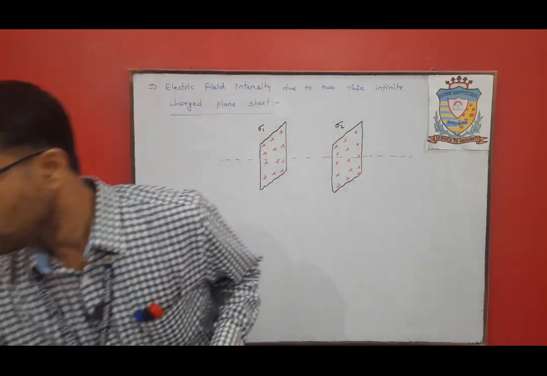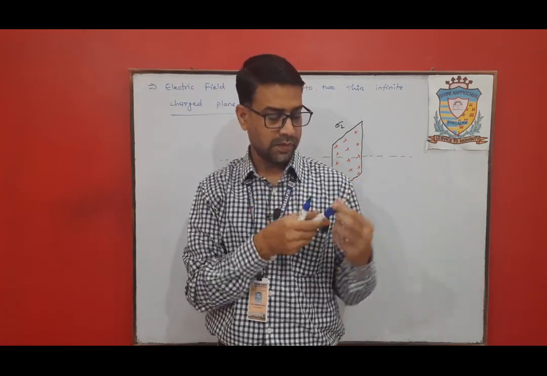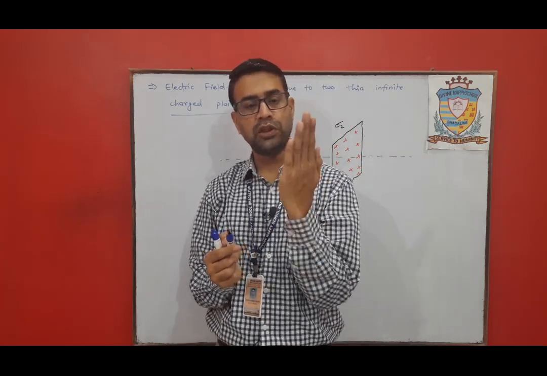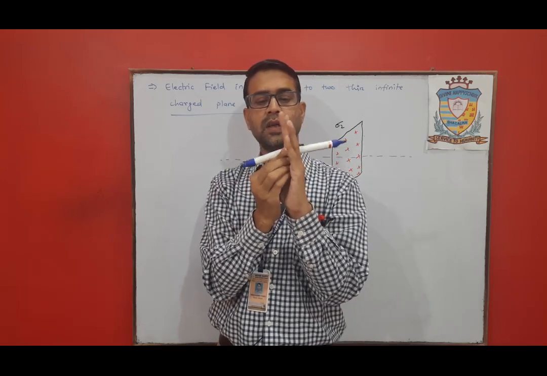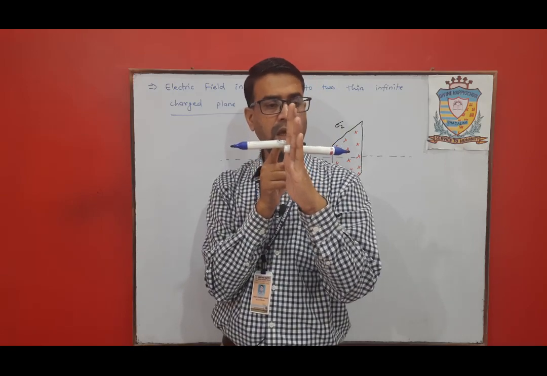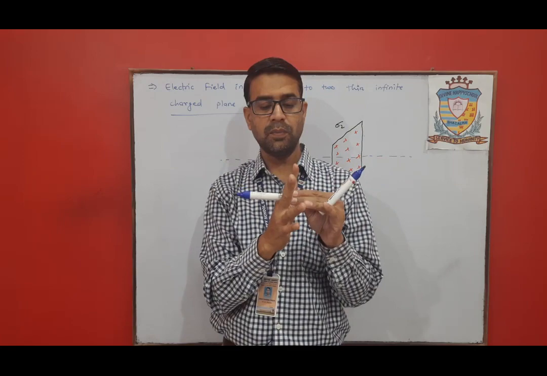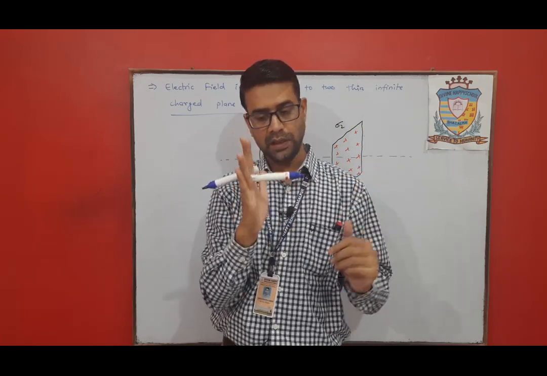Suppose this is a plate which is positively charged. That means the electric field intensity will be in these two possible directions. Similarly for the other plate, the electric field intensity will be somewhat like this. Clear?